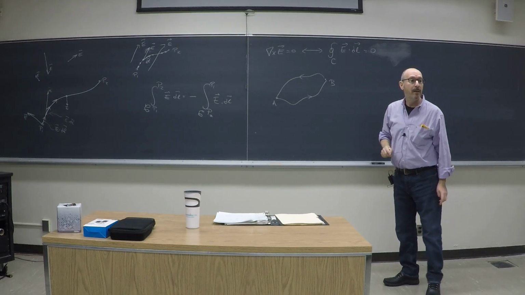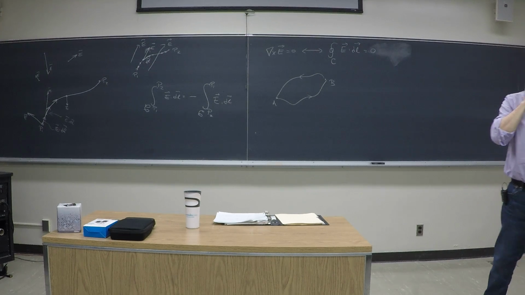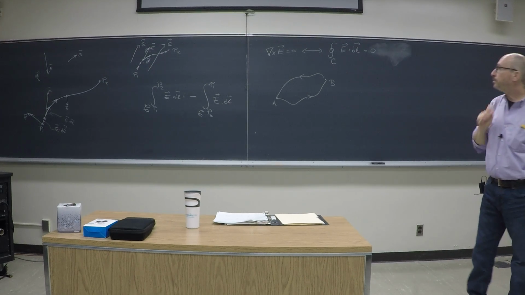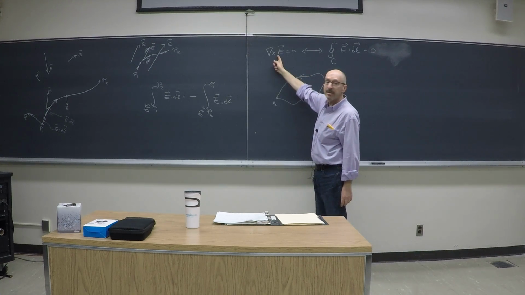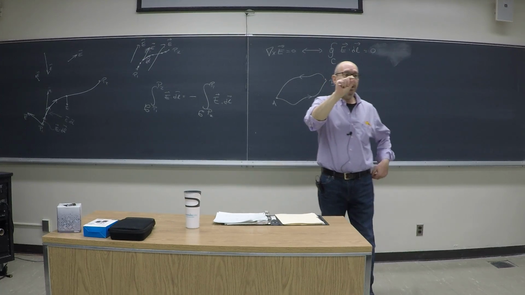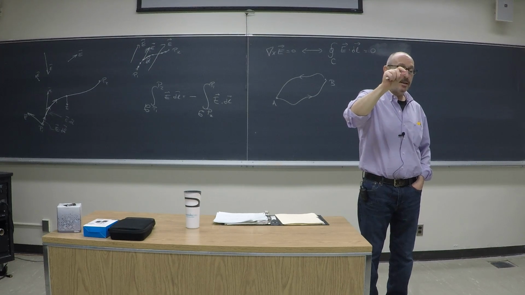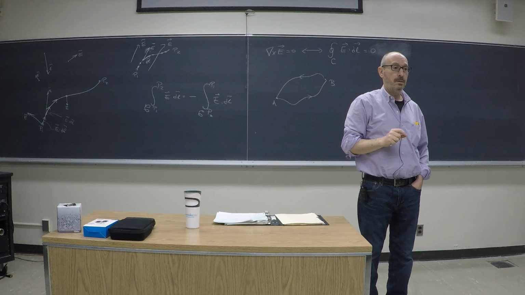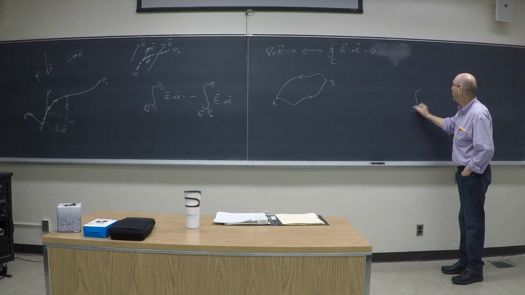What's the connection between those two things? Why is the field always curl-free, where you imply that? Because this thing is equal to 0, then from Stokes' theorem, you have that the line integral of E dot dl is equal to the surface integral of the curl. We proved Stokes' theorem before.